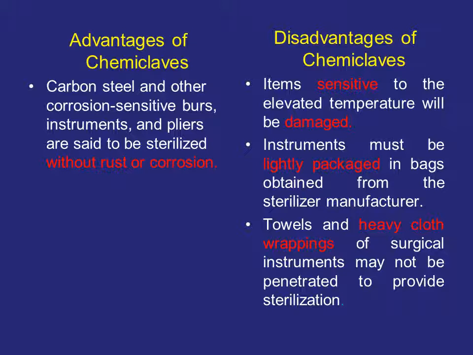Also, the instruments must be lightly packed in bags obtained from the manufacturer. Towels and the heavy cloth wrapping of surgical instruments may not be well penetrated by this type of sterilization.